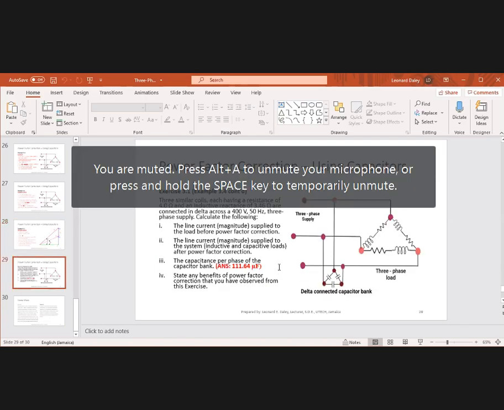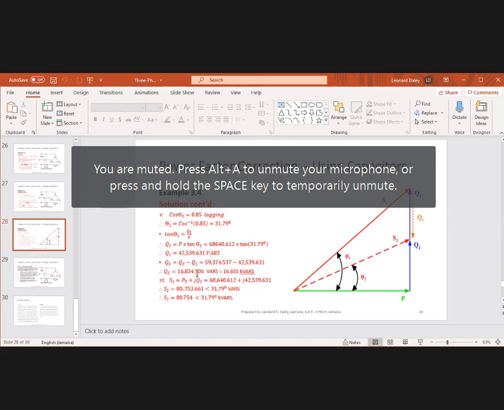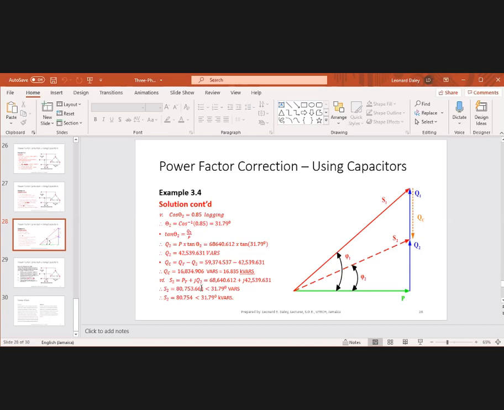Clear? Everybody? Just divide this number by root 3 times 400, and you will find what the new line current is. All right. Current decrease.